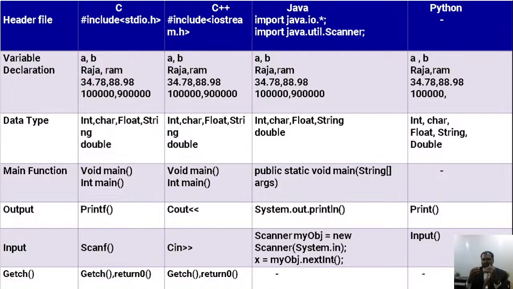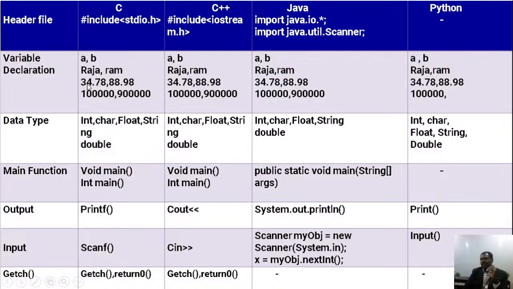Once the variable is declared, we can declare the data type. The next is the data type, which depends on the variable declaration. If you mention single letters like A, B, we can use the data type int. If you use a particular word, it belongs to character or string, right?